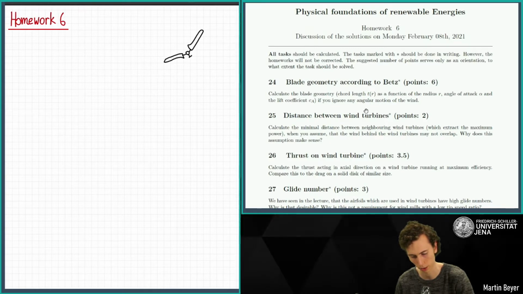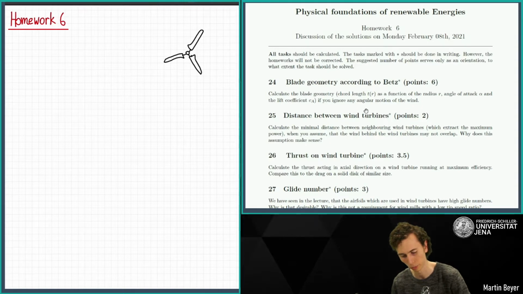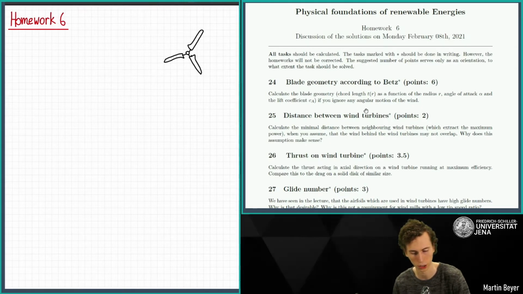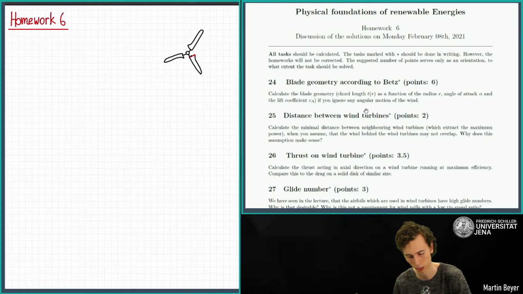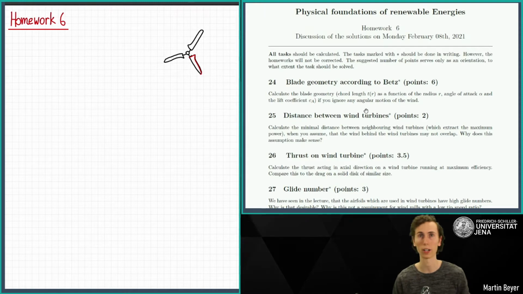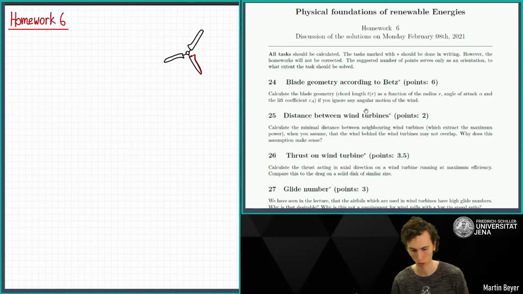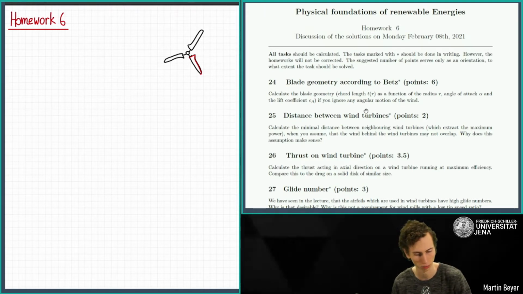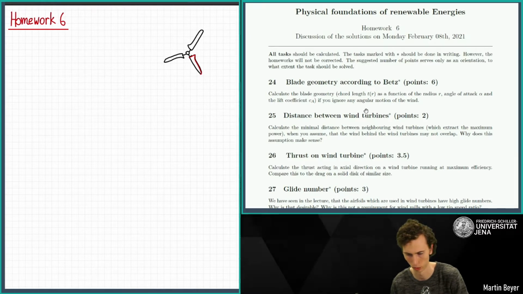In the script you can find some better drawings for that. So this has a certain shape. This shape here we want to calculate, or the thickness of that. This is our chord length. And we want to know how this looks. This is called the blade geometry according to Betz.